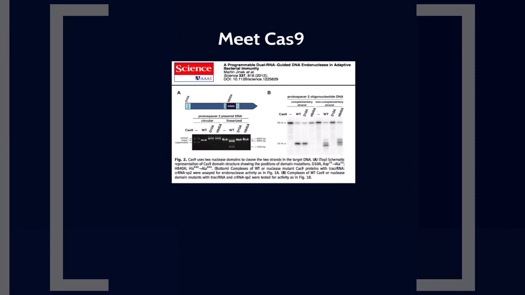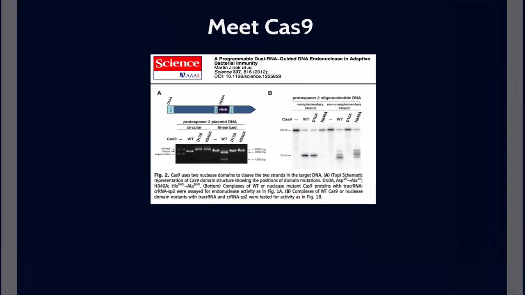So causing a double-stranded break of a target sequence, right? So in the case of the bacterial resistance to the virus, it would cleave the viral RNA that's being inserted into the host's genome by the virus at exactly the region where the spacer complementary DNA binds to the virus. Okay.